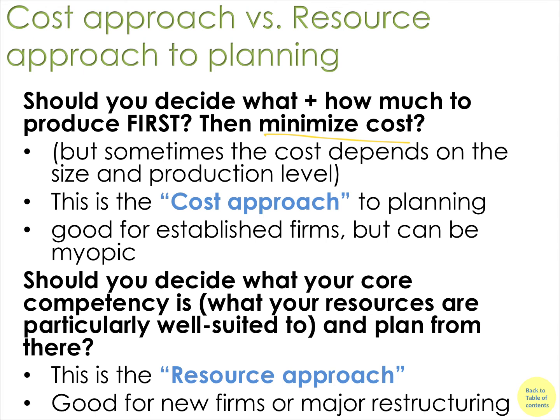So this is better if you've got an established firm already in place and are working with marginal changes, like should we increase production a little bit, or modestly, not like a brand new market where you have no idea what the size of the market is or anything. So it can be good, but it can also be myopic, short-sighted.